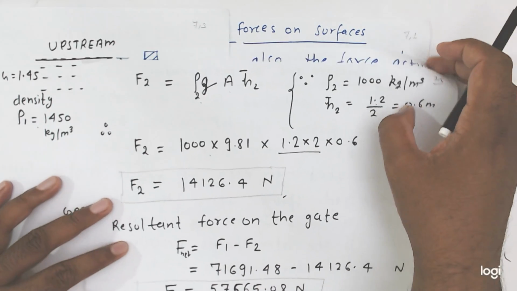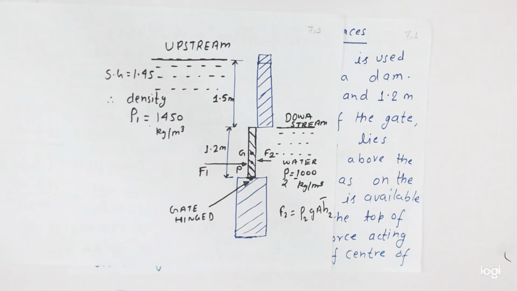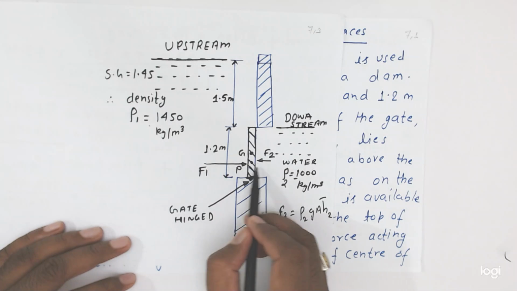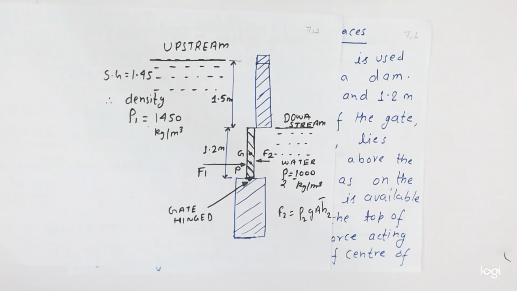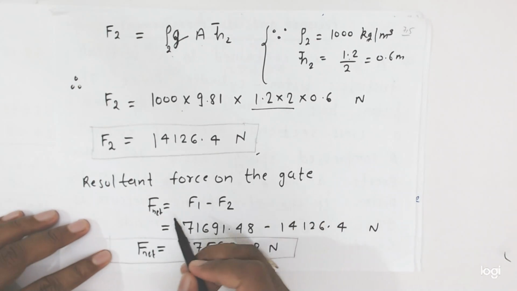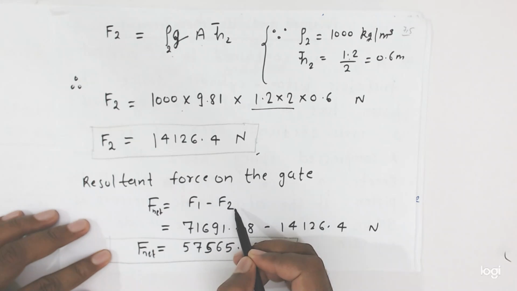So friends, we calculated F1 and we also calculated F2. But friends, if you see here, F1 is working in this direction and F2 is working in the opposite direction. So what is the net force? We can say the resultant force on the gate, F net or F resultant, is equal to F1 minus F2.